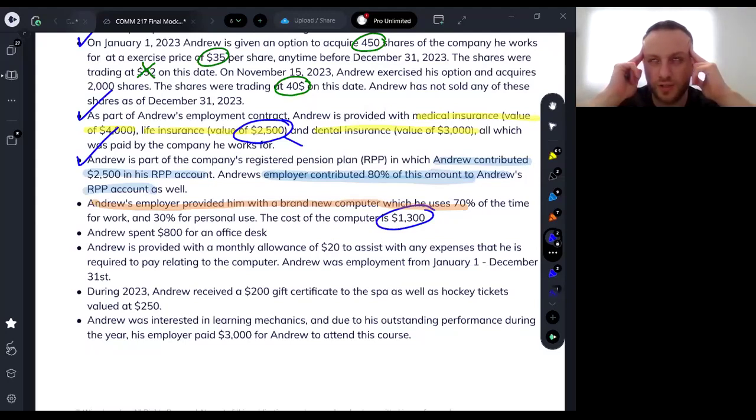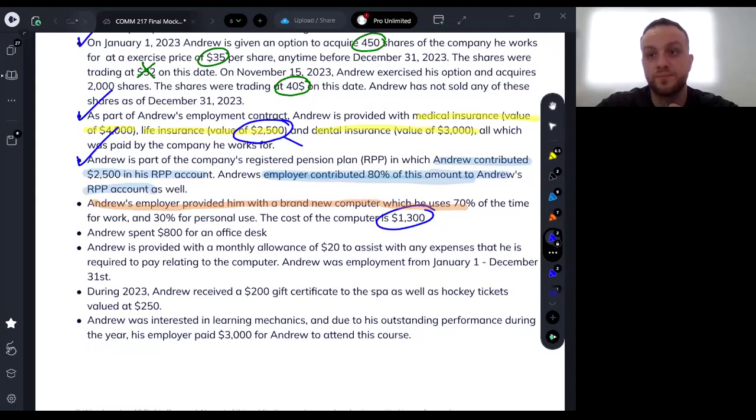No. Non-taxable means you receive the benefit and you're not taxed on it. Deductible means you paid for something and you get to subtract it. If something is not taxable, you do nothing with it. If something is deductible, you minus it. Okay, thank you.